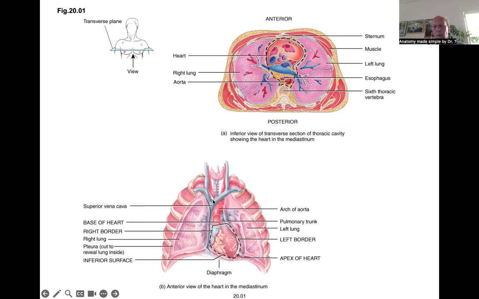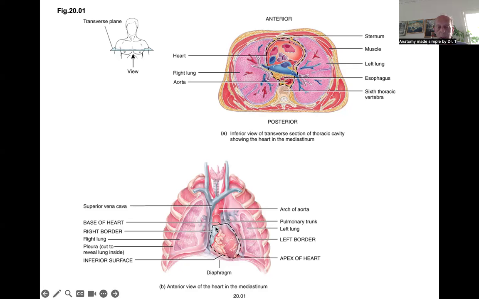The term mediastinum, loosely translated from Latin to English, means the center part, or centerpiece, or center space of the thorax. The heart certainly is its largest inhabitant.